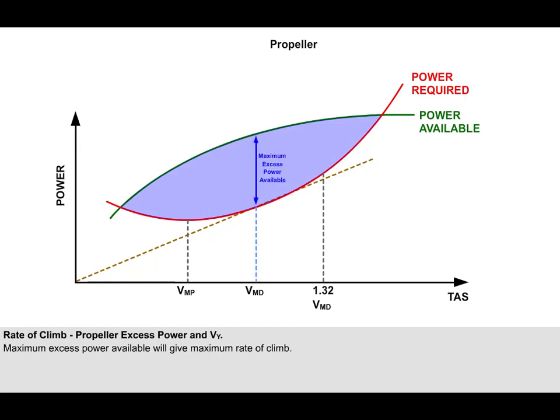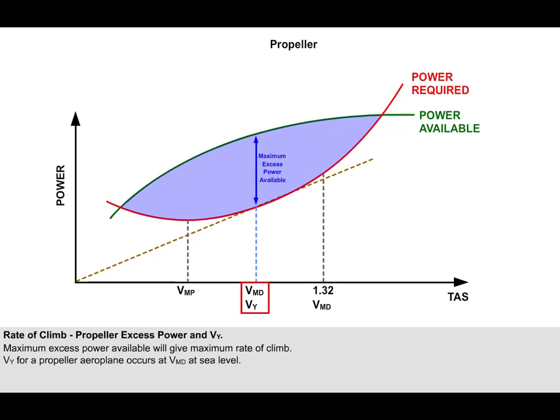At any other speed, the excess power is less and the rate of climb less. As we have already learnt, Vy is the speed for the best rate of climb. For a propeller aeroplane, you will notice that this speed occurs at VMD under sea level conditions and will decrease with height gain.